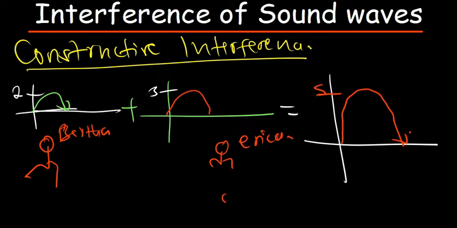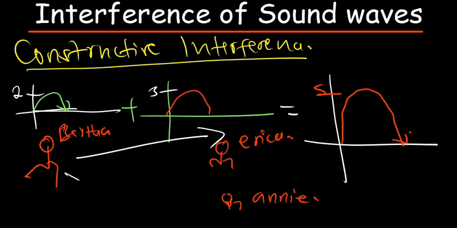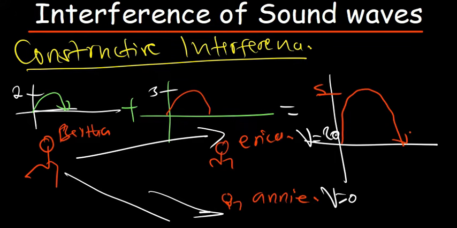Then this is Annie. I'll use the same thing. The distance will be the same. Then the volume for this one, let's put it at maybe 20. The volume for this one, let's just put it 10.